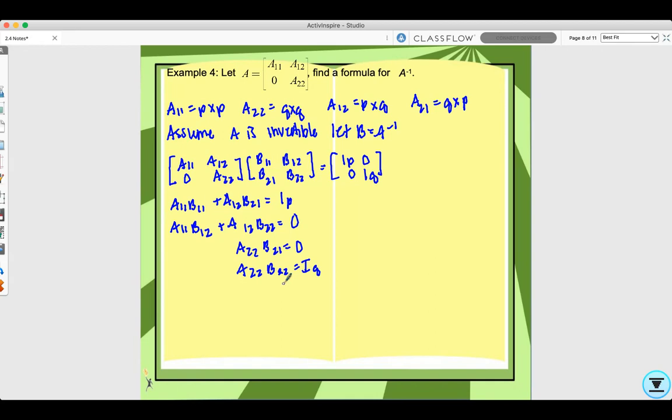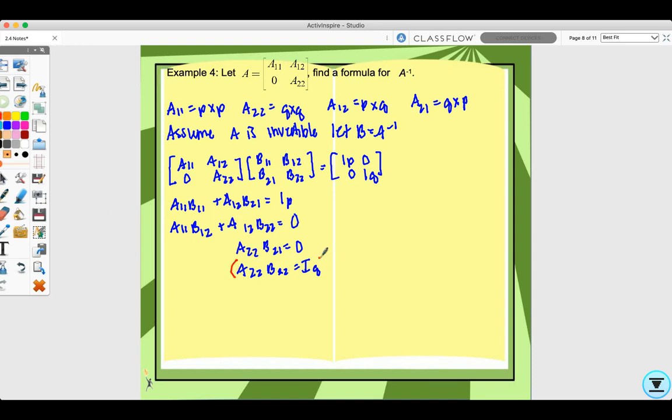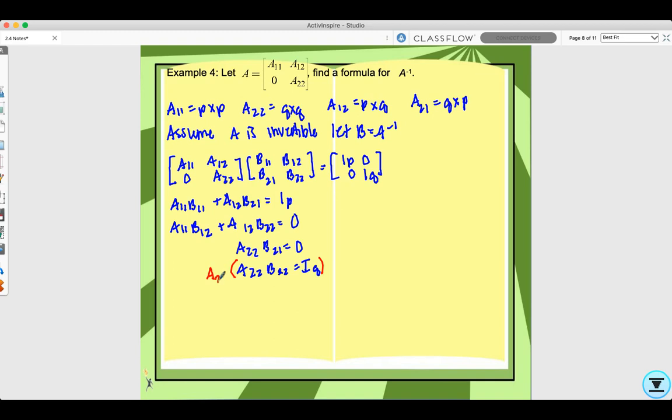And so we need to come up with a formula for each one of these because we're letting matrix B equal A inverse. The first thing I notice here is that, because I have the identity matrix, I can eliminate A22 by taking the inverse. So A22 inverse, and I end up getting B22 equals A22 inverse by the invertible matrix theorem. That's the first thing I can do.